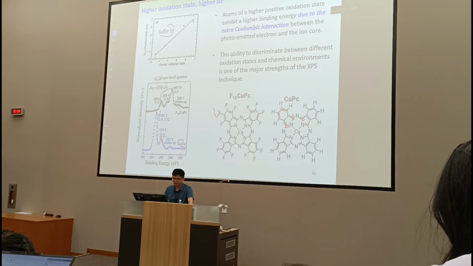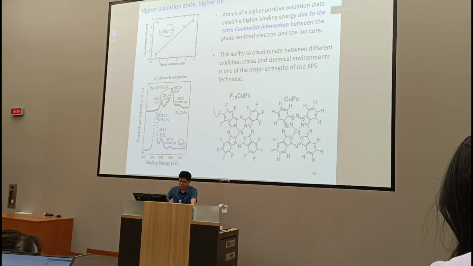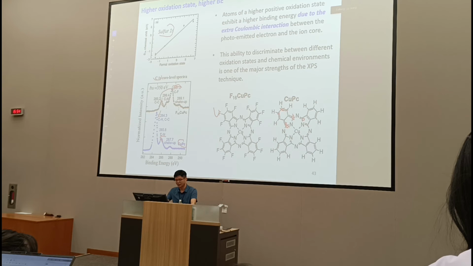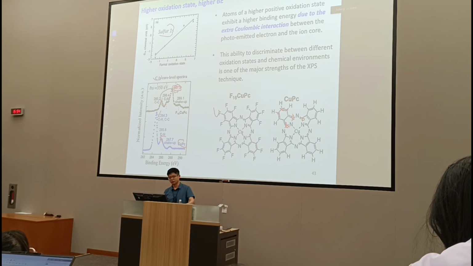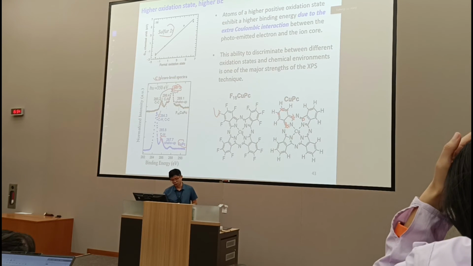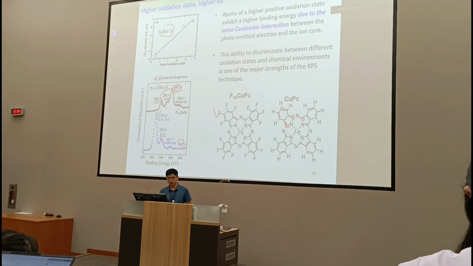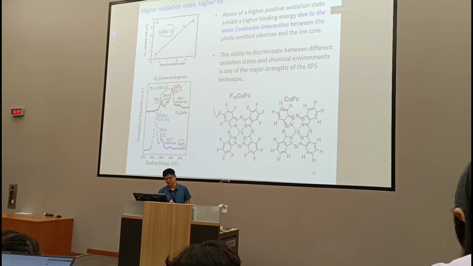That's very sensitive. Now, instead of two, you have three peaks: the carbon connected to the carbon, the carbon connected to the nitrogen, and the carbon connected to the fluorine. You see a much larger peak at a high binding energy, because you have a lot of carbon connected to fluorine. So it can change by a few electron volts, which is very sensitive, right?